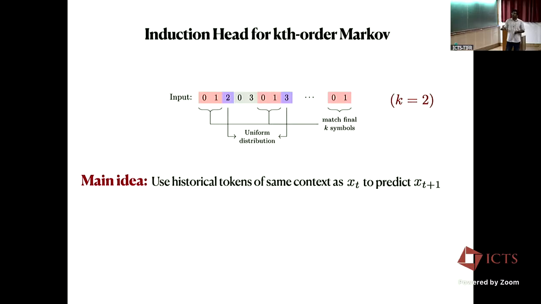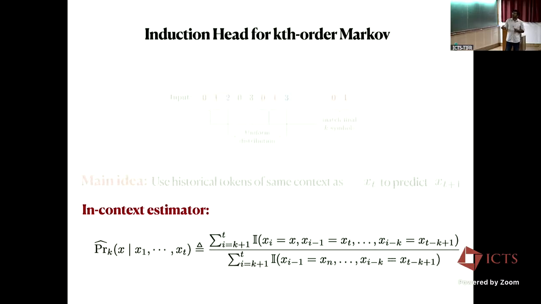Mathematically you can write it as follows. This notation means a kth order estimator: given all the past sequence at position xt, what is the next token probability? Basically you look for those indices i where the past xi minus 1 to xi minus k matches the current context xt minus 1 to xt minus k plus 1.